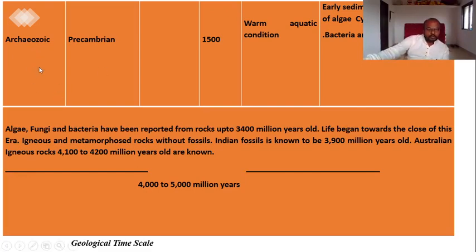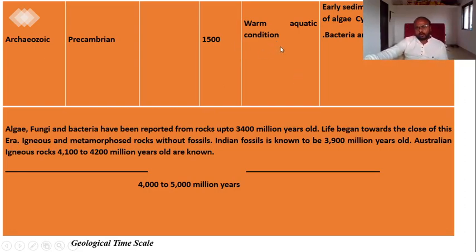This Archaeozoic is actually not an era, it is the Precambrian. It has only one period, called Precambrian. There is no series or epoch, and the time is from 1500 million years ago.